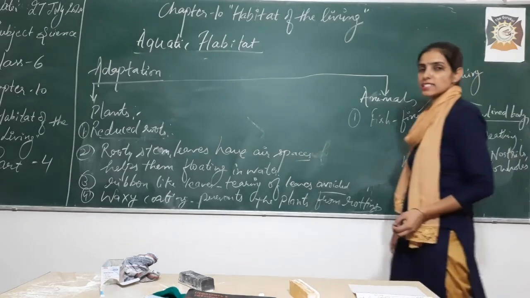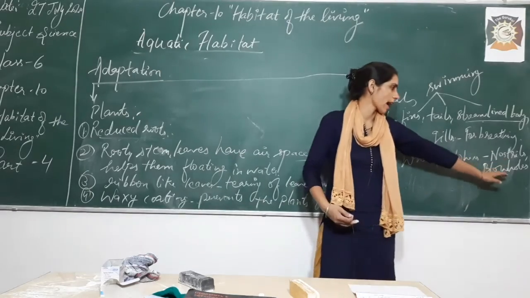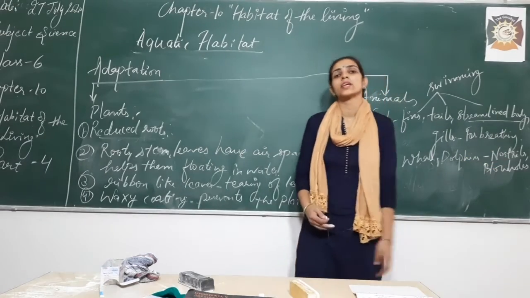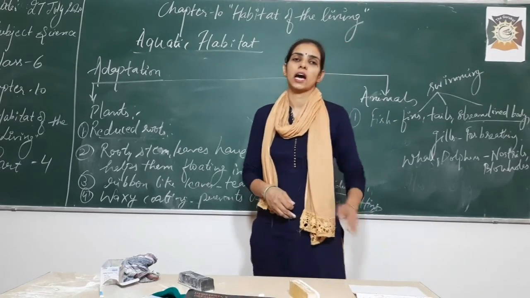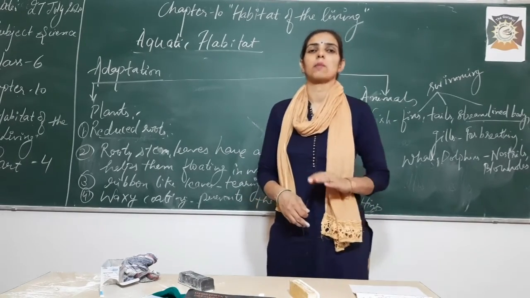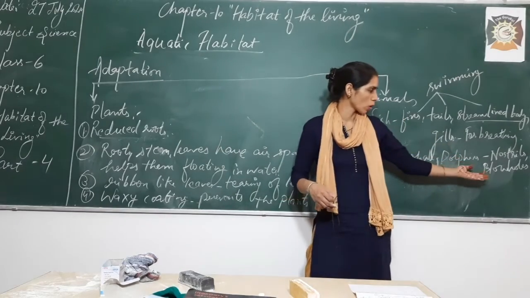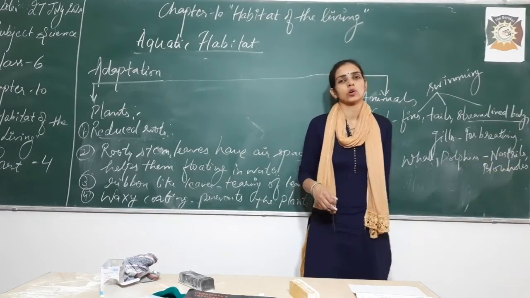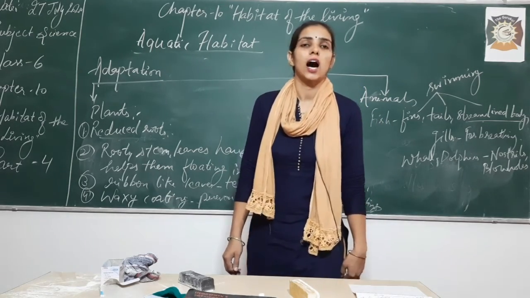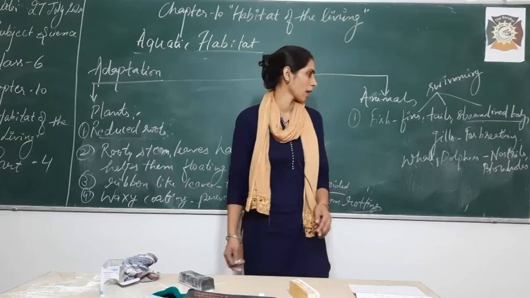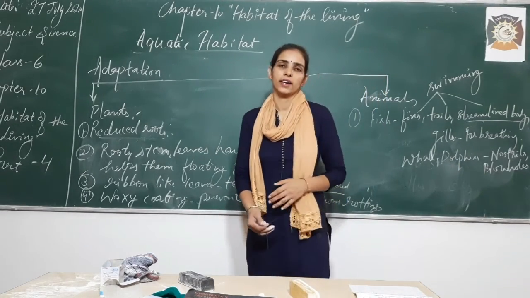Whales and dolphins are mammals, so they have nostrils or blowholes, which help them to take in air when they are out of water. They come to the surface to take in air with the help of nostrils or blowholes. They have lungs, because of which they can breathe after they take in air through the nostrils and blowholes present on the top of their head.